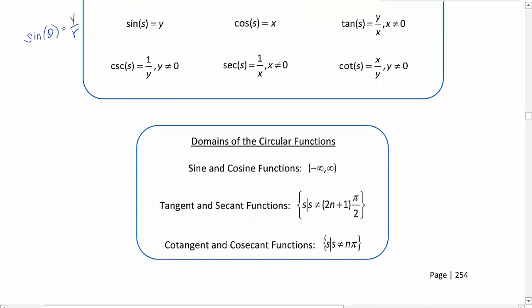Our domains for our circular functions, sine and cosine, both have a domain of all real numbers. Tangent and secant have a domain where it's everything except for odd multiples of pi over 2. That's what this 2n plus 1 means.